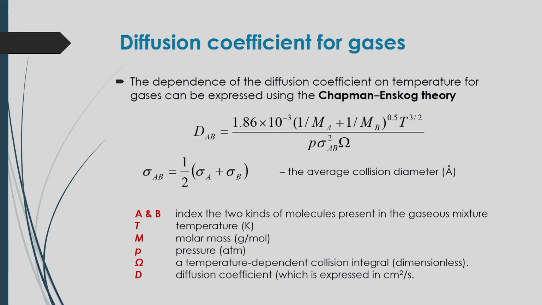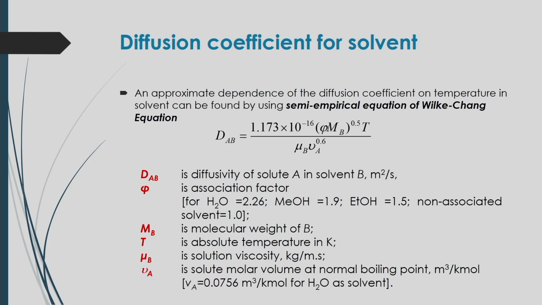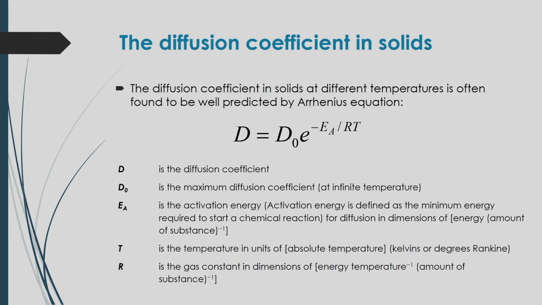Similarly, how do we calculate the diffusion coefficient for gases or liquids? You can use this equation directly for the calculation of the diffusivity, as given in the slide. Similarly, the diffusion coefficient for the solvent can also be calculated by the equation given in the slides, and the diffusion coefficient in solids can be calculated with an Arrhenius-type equation. This depends on the temperature.